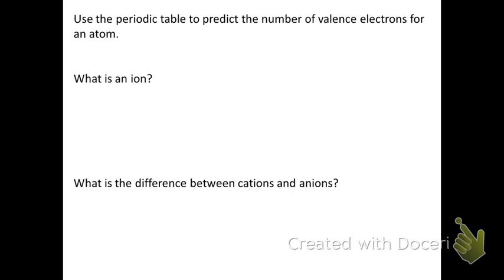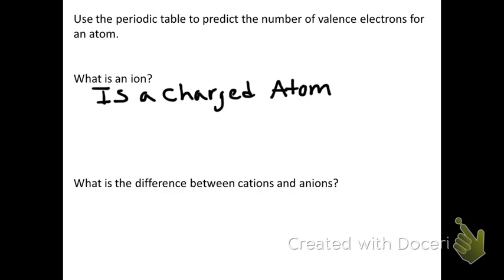So what is an ion? An ion is essentially a charged atom. Alright? The way we represent a charged atom is by showing the element symbol, like sodium, and up in the upper right hand corner we put the charge, like for sodium it would be +1.